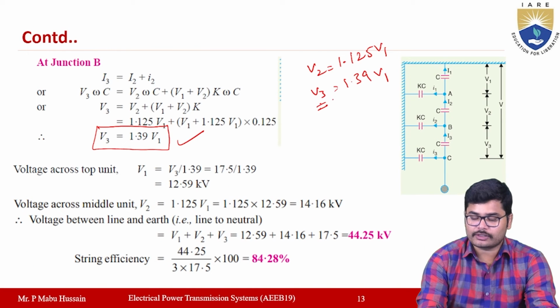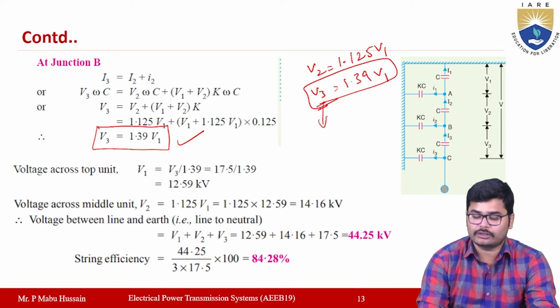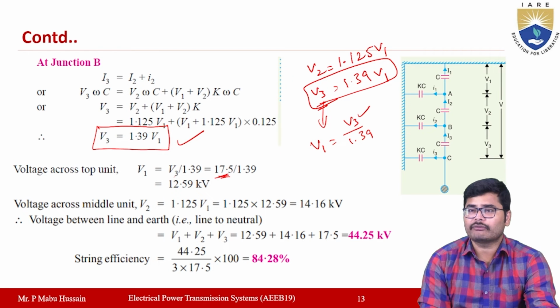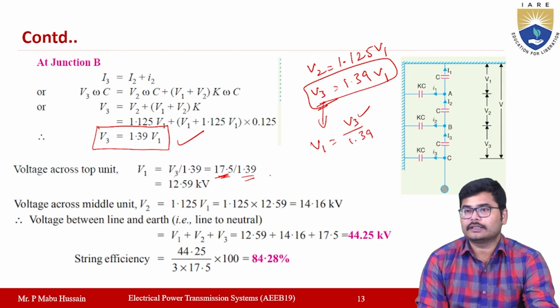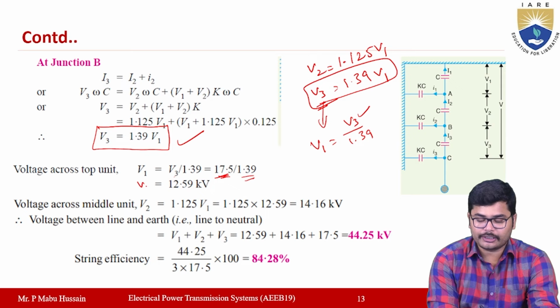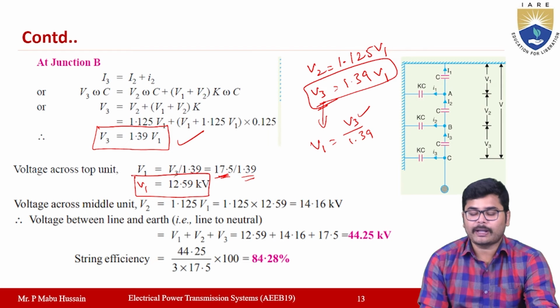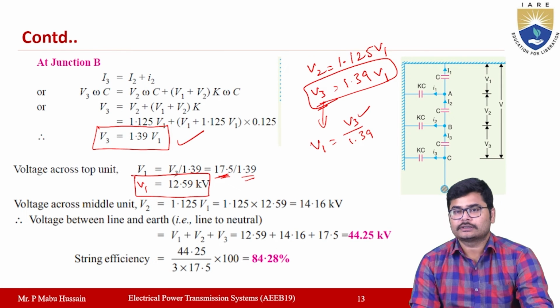Substituting V3, V1 is equal to V3 by 1.39, which is 17.5 by 1.39. So V1 is equal to 12.59 kilovolts.